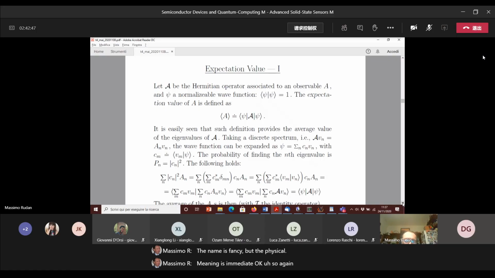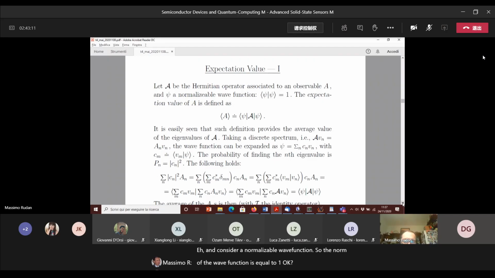So again, we start with some Hermitian operator A associated to an observable A, and consider a normalizable wave function. So the norm of the wave function is equal to 1.